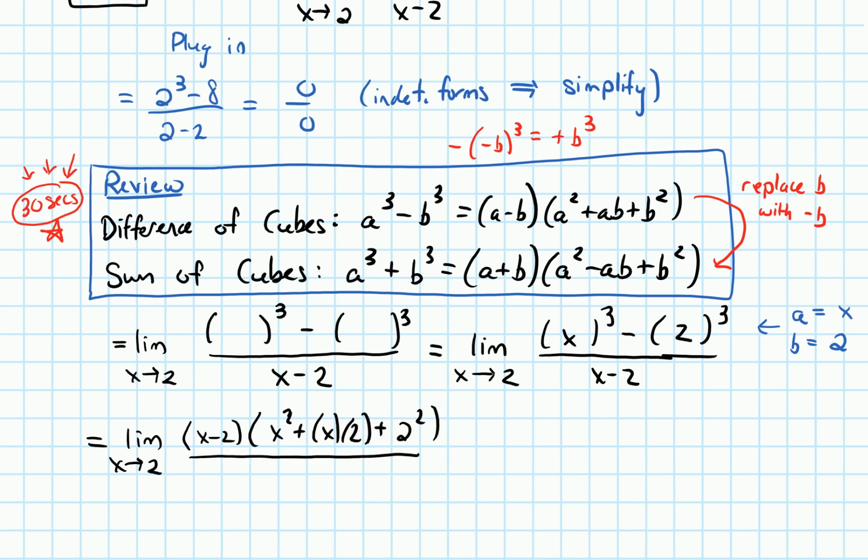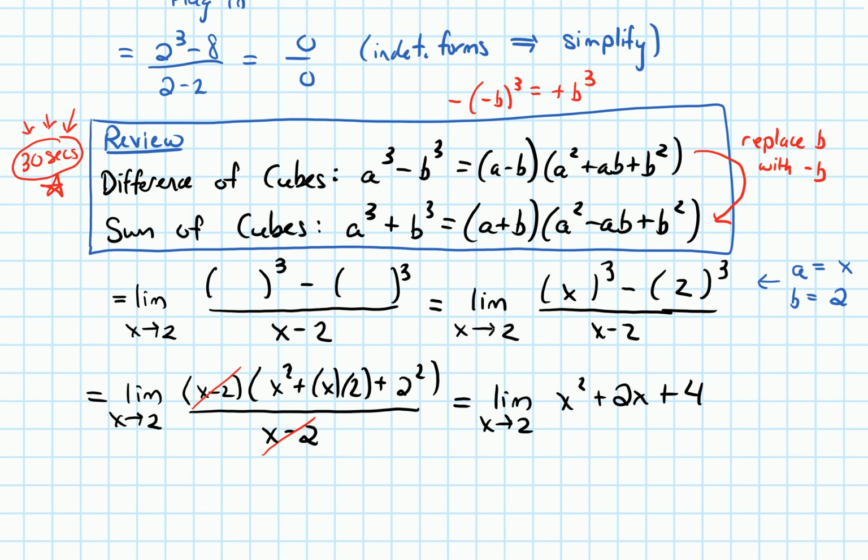So that's my difference of cubes, and on the denominator, we have x minus 2. The nice thing is, now the x minus 2's cancel. So when we do that, we get the limit as x approaches 2 of x squared plus 2x plus 4.